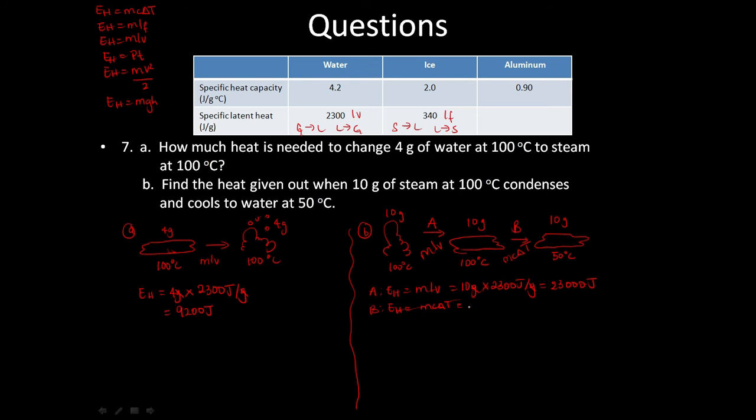And look at it, you have 10 grams, making sure I have my mass correct, and 4.2, because we're dealing with water, joules per gram degrees Celsius, times the temperature change, which is 100 minus 50.